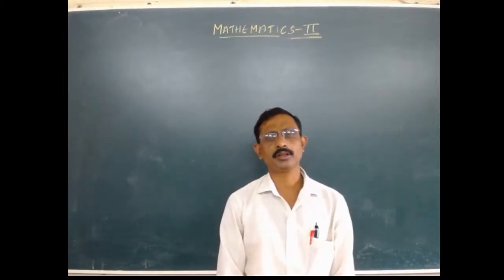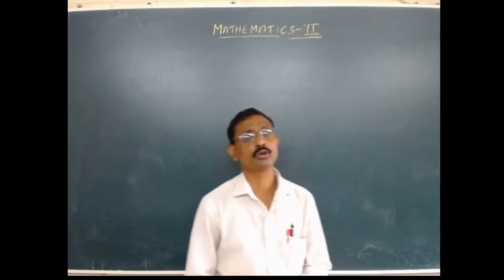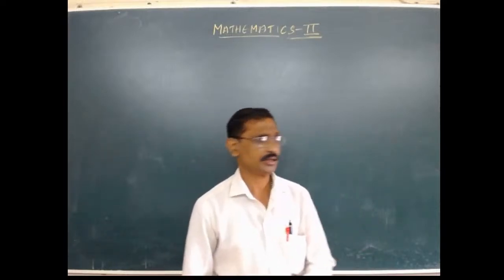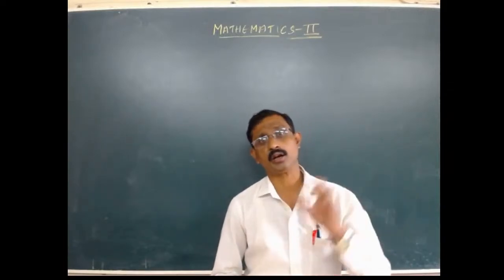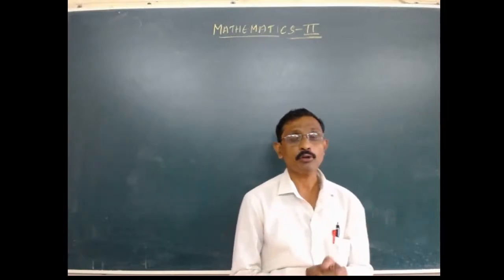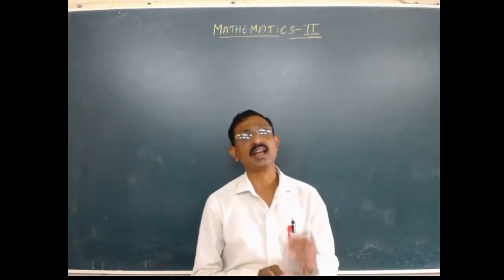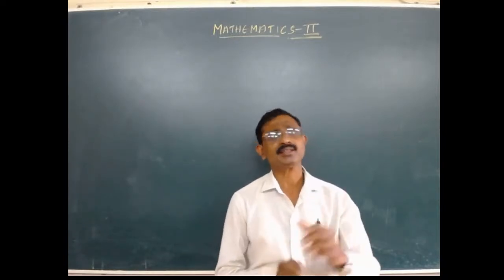Today we are going to do Mathematics 2, and in Mathematics 2 we are going to take a chapter called Trigonometry. In this chapter, when we look at certain angles, theta, sine theta, cos theta, tan theta, we follow certain rules, certain identities for these angles. So let us study these angles.